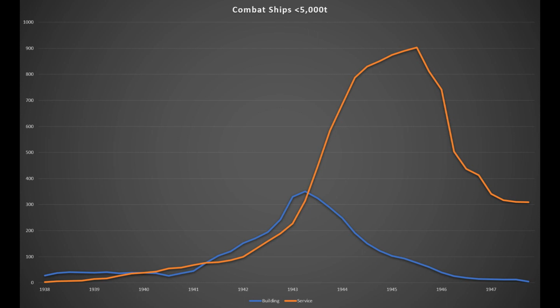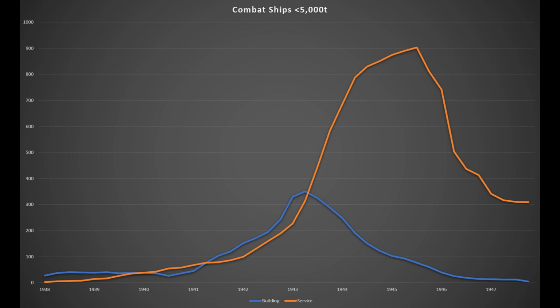And then in early 44, as they realise the war's pretty much in the bag, as it were, the total numbers start to trail off a little bit in terms of their rise, and then in early 45, the war ends, and, well, the cuts kind of speak for themselves. By 47, well, they're down to a mere 300 hulls for combat ships under 5,000 tons.